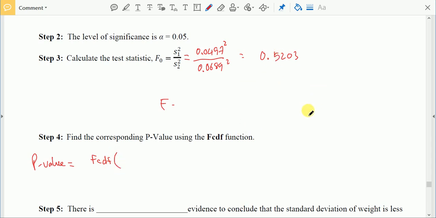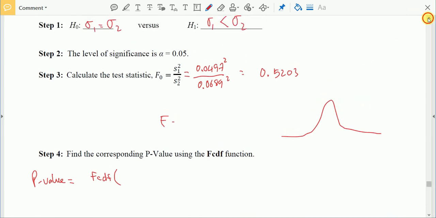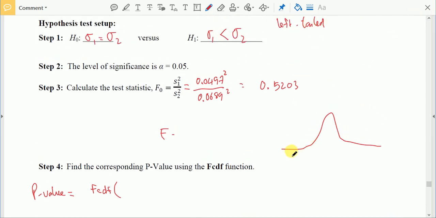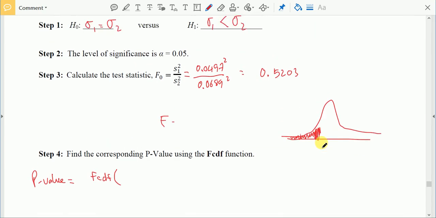And in this case, we know that this is the left tail, or you are looking for the left area, and you got something around 0.5203, which is here.